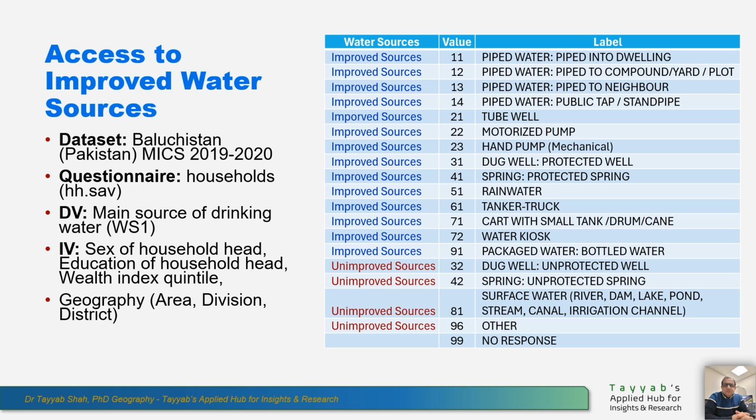The dependent variable was created using the ws1 variable, which has a number of categories. We grouped them into two, improved and unimproved sources, which we already discussed. Then we selected a number of independent variables, including sex of the head of the household, education, and wealth index quintile. Geographically we have area and district options in this analysis. Let's start in SPSS.